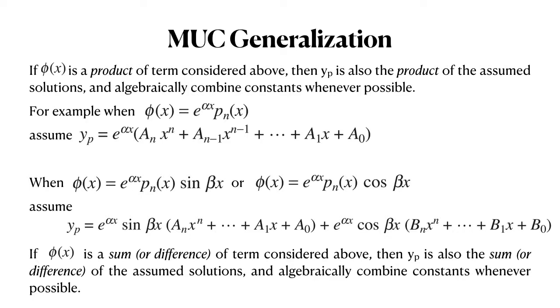So those are if products. What if sum and difference? So the same na gyapon, no? If phi of x is a sum or difference of terms considered above, if it is a sum of polynomial function and sine function, then y of p is also the sum of the assumed solutions for the polynomial function and the sine function. And if possible, we could also combine the constants.